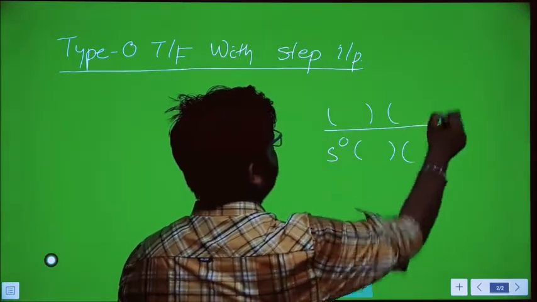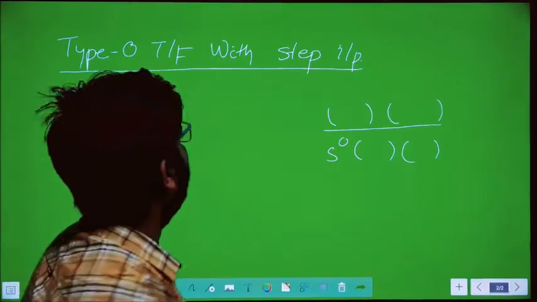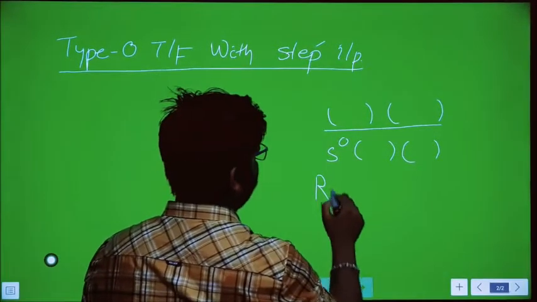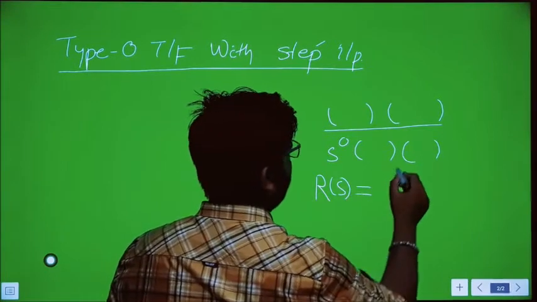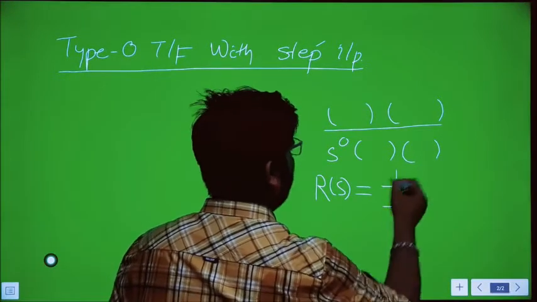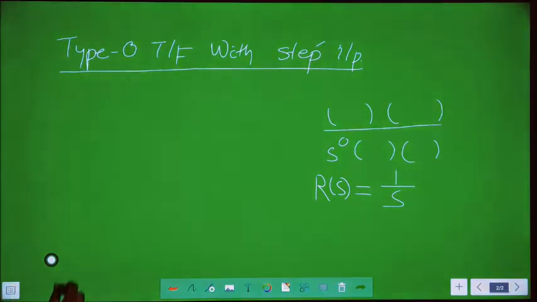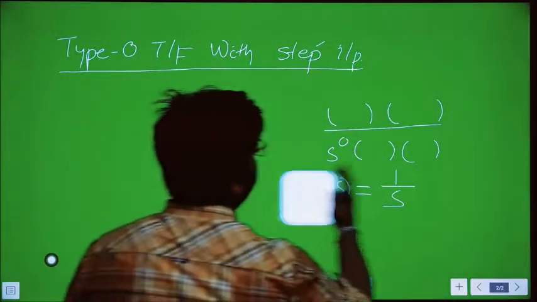This is the basic structure of type 0 systems. And for the step input, R(s) is nothing but 1 by s or some constant by s. This is my type 0 system with respect to step input.